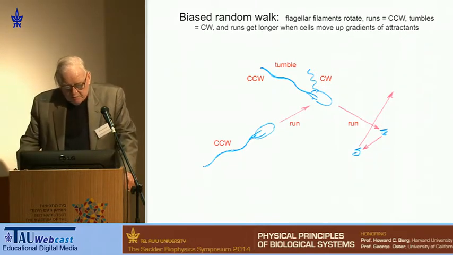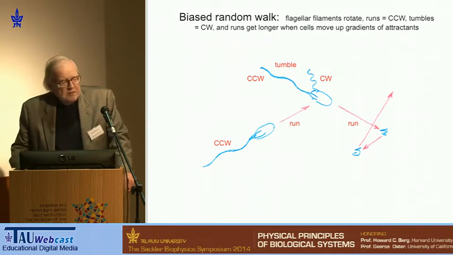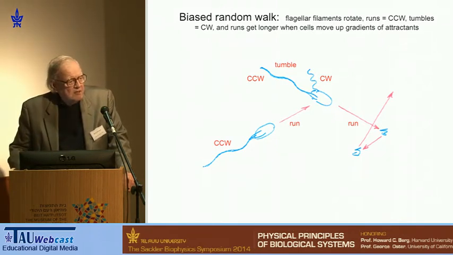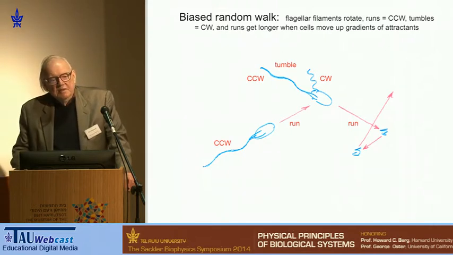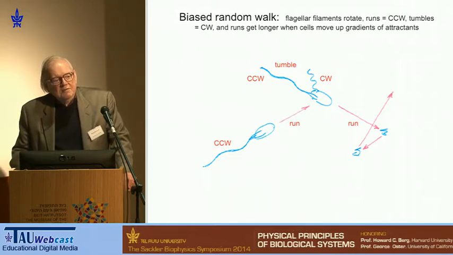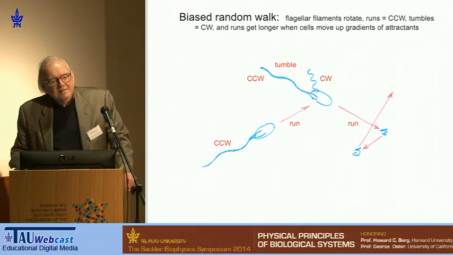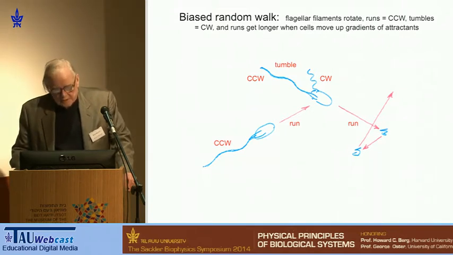A tumble happens when at least one of the motors decides to go the other way. They switch independently. The problem is some of the early work, the stimuli that people used to look at the cells were so harsh that they didn't force the cell to switch all its motors at the same time. But that doesn't normally happen.